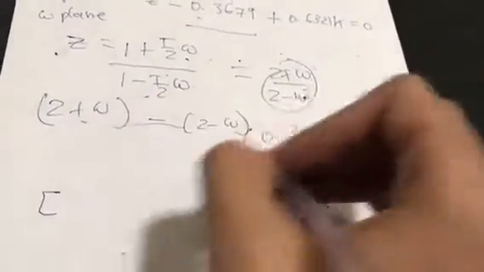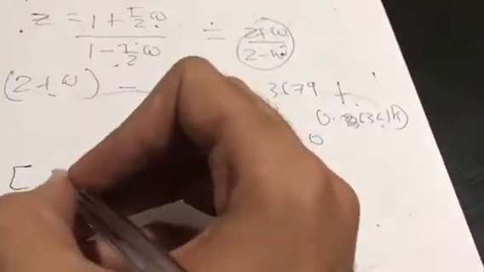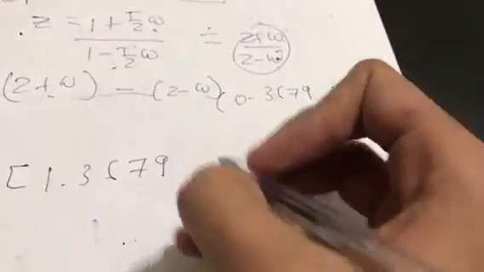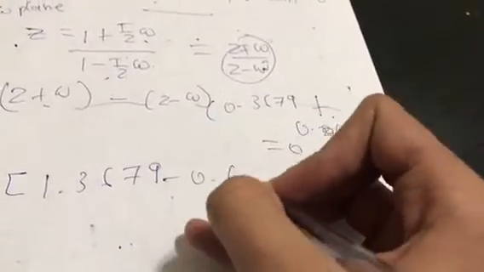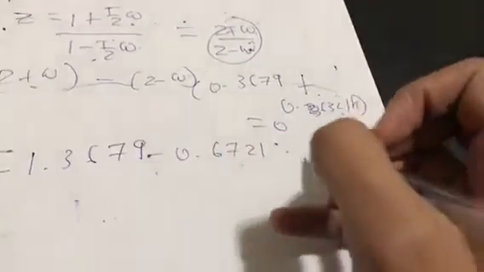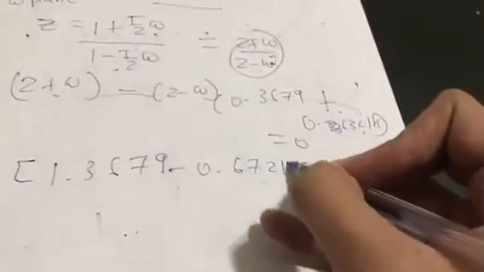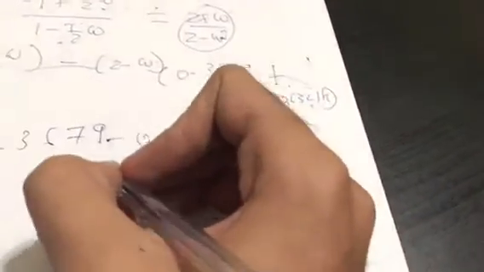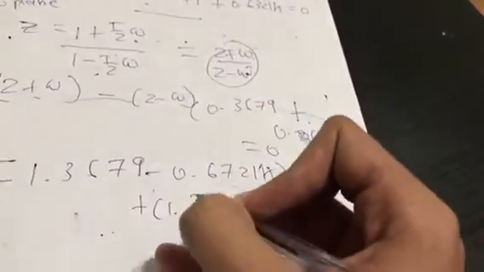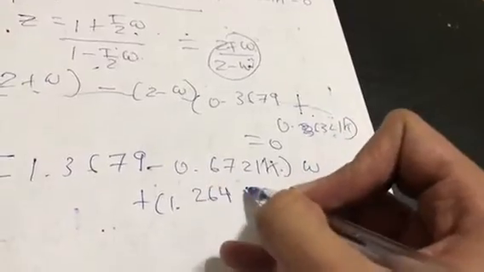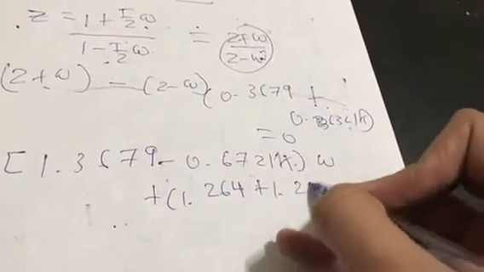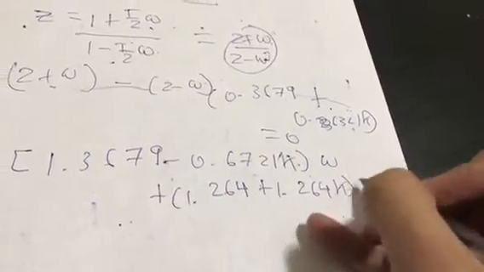So the final equation that you get after solving this will be (1.3679 minus 0.6721k) omega plus 1.264 plus 1.264k is equal to 0.